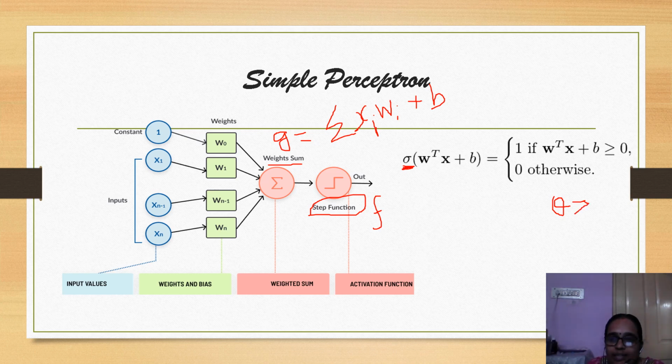After the activation function, if the answer is above 0, meaning a positive value, the answer is 1. If it is a negative value, the answer is 0. So the input values are given and the weighted sum is calculated, and after that the activation function is applied. Finally, we apply the threshold logic.